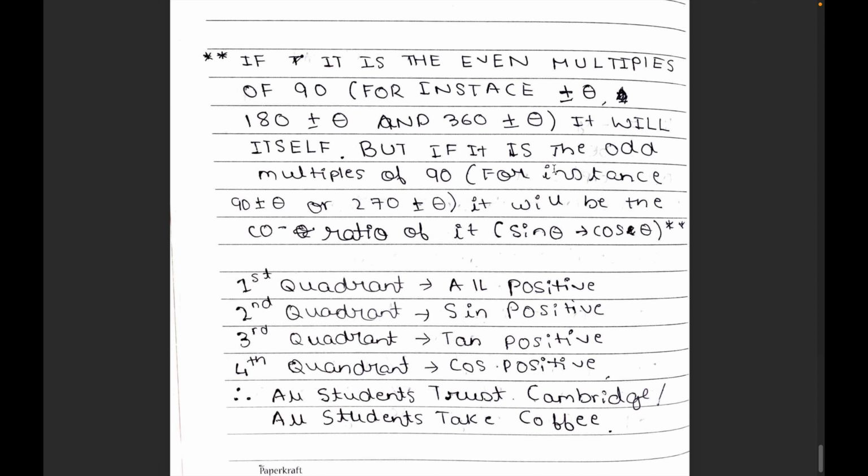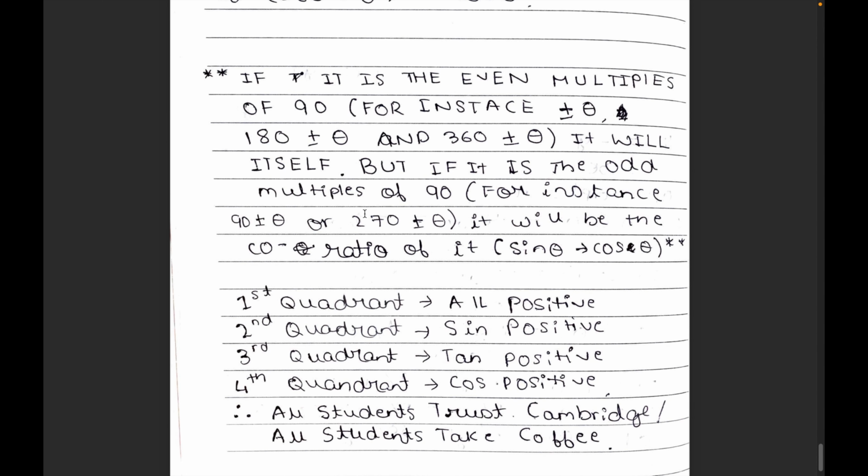But if it is the odd multiple of 90, for instance 90 or 270 plus or minus theta, it will be the co-ratio of it. The co-ratio will basically be sine will be cos, tan will be cot, and cosecant will be secant. So yeah, you can use this.